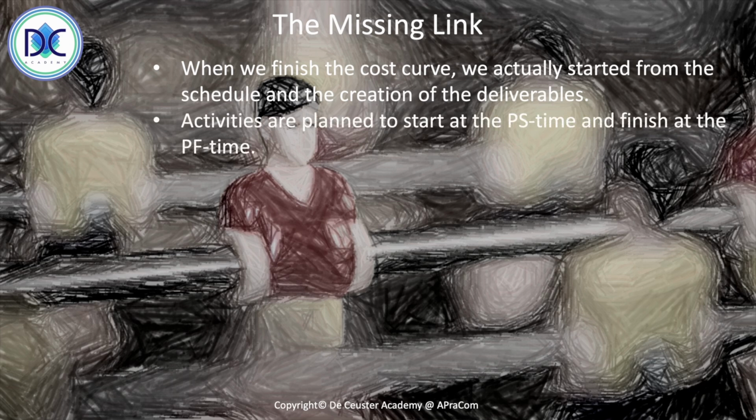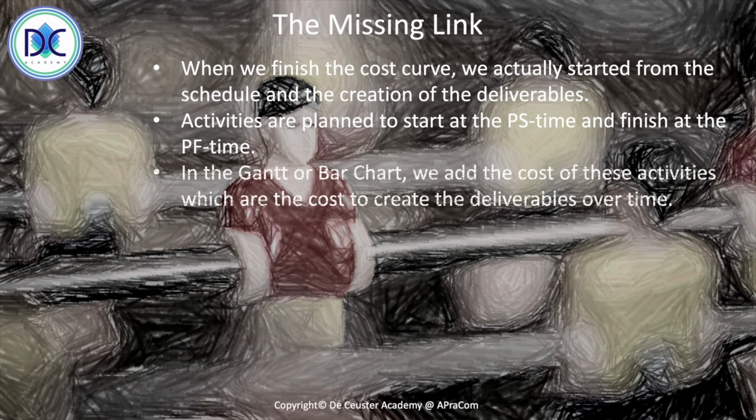So we have the activities that are planned on the planned start time and finishing at the planned finish time, and we can add the cost for these activities in the Gantt chart, which in fact relate to the cost that we plan to occur in the Gantt chart or the bar chart.